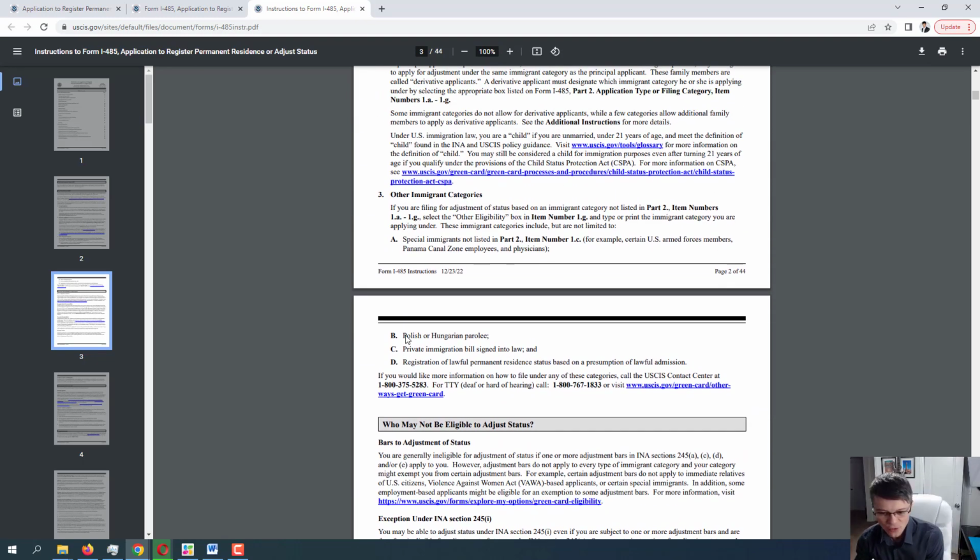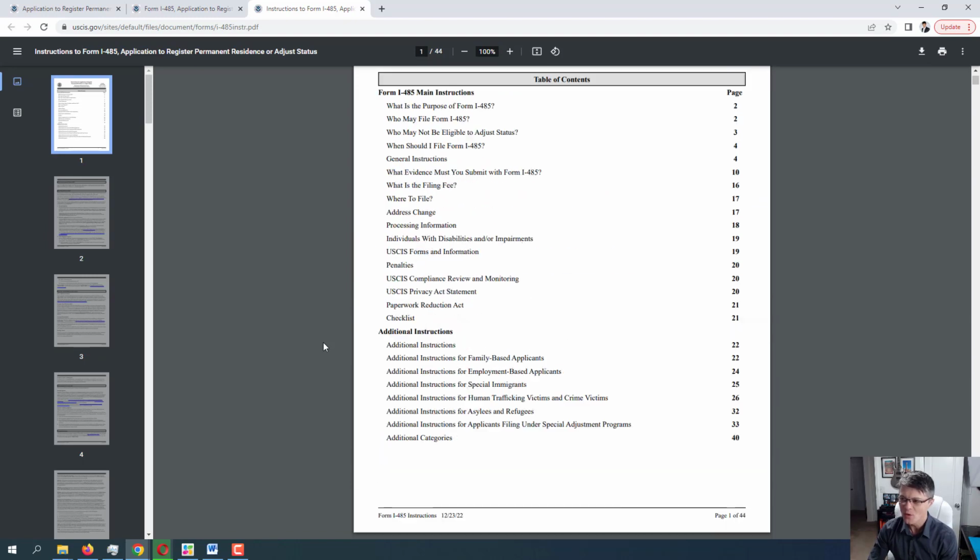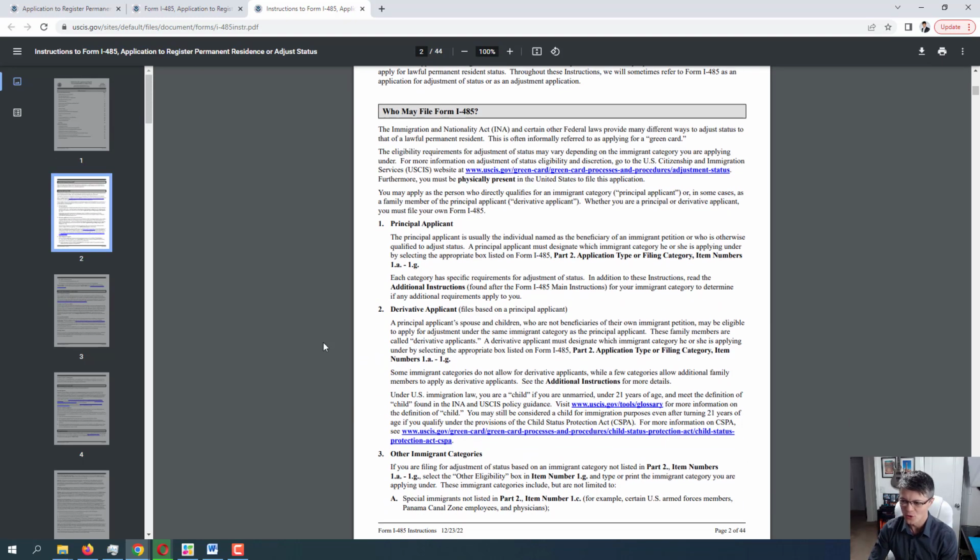It will give you the overall understanding of the form, what it is, what it gives you. But probably one of the most important things I want you to pay attention to is your eligibility. Obviously, I'm showing you the walkthrough on how to apply, where to file, how much it costs to file, how to fill out the application, all that sort of stuff.